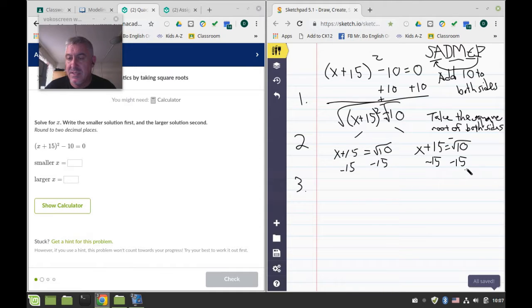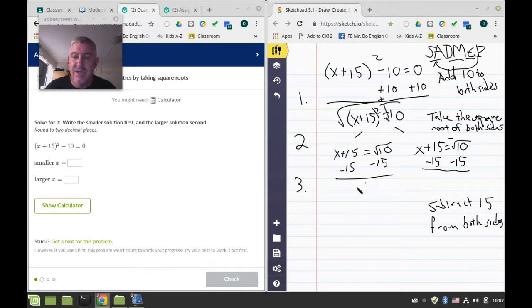Step 3 is subtract 15 from both sides. You'll see why I'm doing this here next video. Kind of get you ready for that. So x is equal to square root of 10 minus 15, or x is equal to negative square root of 10 minus 15.